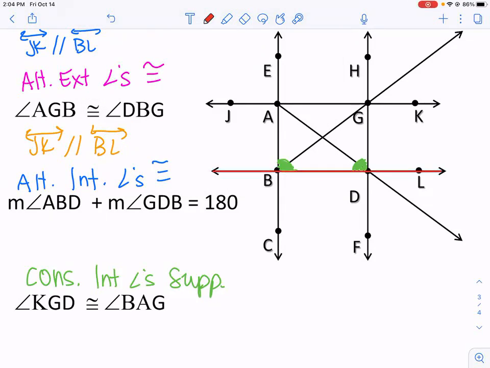So there's our transversal. So our parallel lines are these guys right here. EC is parallel to HF.